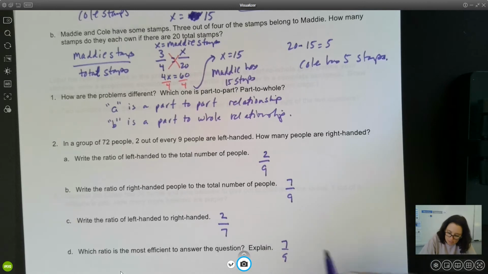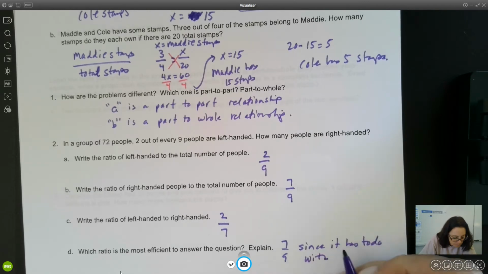The explanation is that it has to do with right-handed and total people.